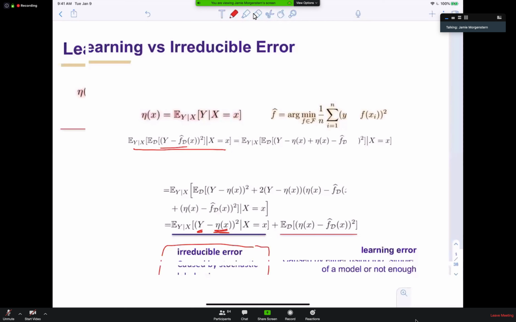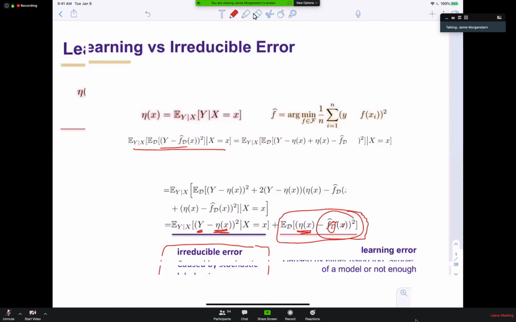That's the difference between eta x, this really great predictor that one might be able to construct in some settings but not others, and f hat of d, which is the predictor we're actually going to construct as a function of the training sample d. And we mentioned that this learning error can be caused by any number of things, either using too simple of a model or the fact that we don't have enough data to learn that model accurately.